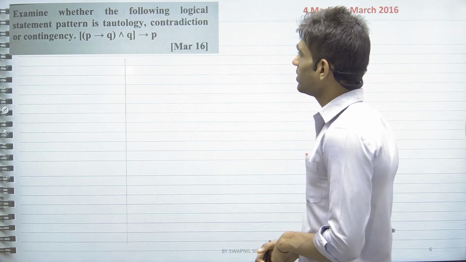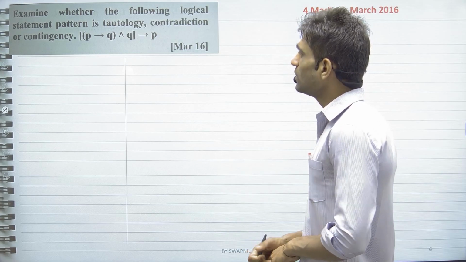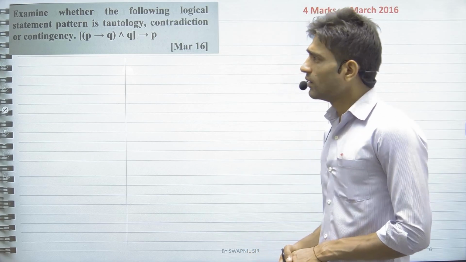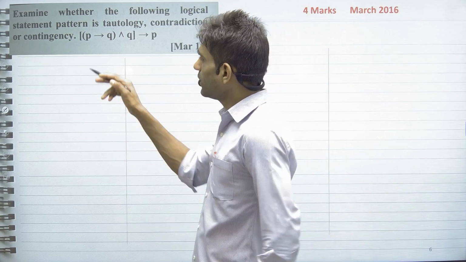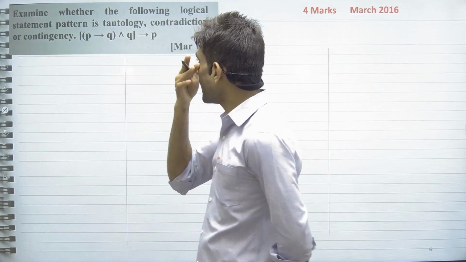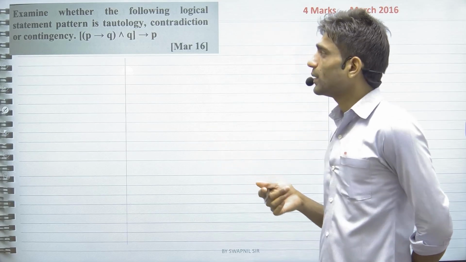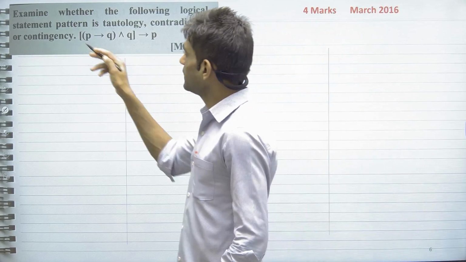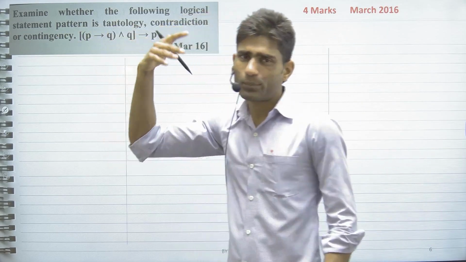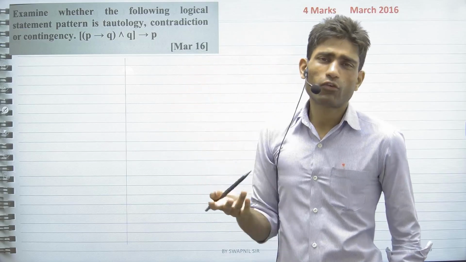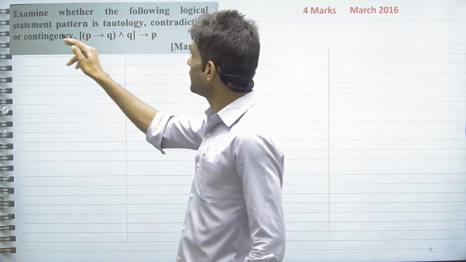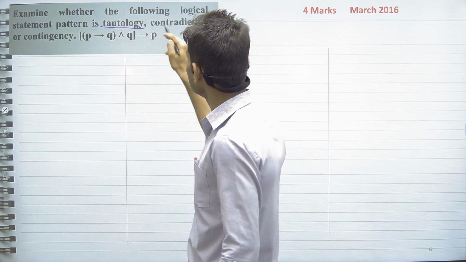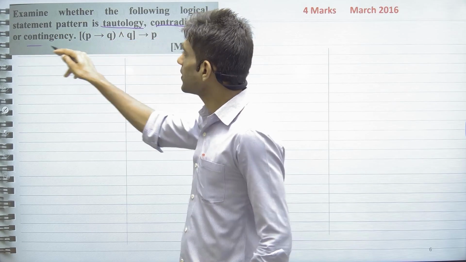I have taken another example based on the truth table of our mathematical circuit. We are given the symbolic form P implies Q and Q implies P. First of all, determine whether the statement pattern is a tautology, contradiction or contingency.